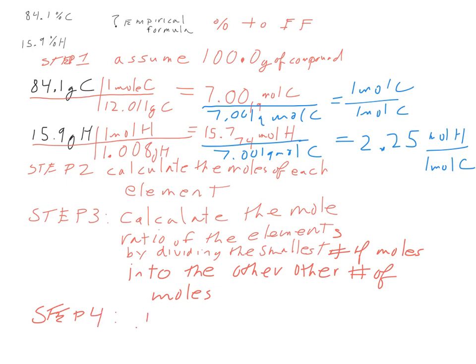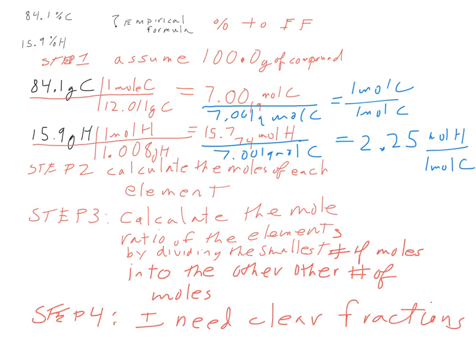Step 4. If needed, clear fractions. What do I mean, if needed, clear fractions? Well, let's look at the result of our step 3. It told us that for every 2.25 moles of hydrogen I have 1 mole of carbon.